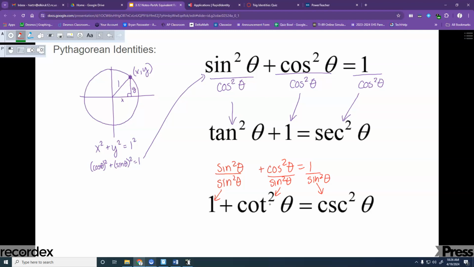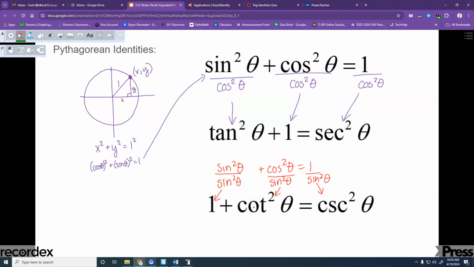That's the reason that they wrote it that way, because they're deriving it from this formula. Does it matter whether I do tangent squared theta plus 1 or 1 plus tangent squared theta? It does not, because it's addition. I can switch the order. It doesn't matter whether the 1 is first or last here. So you could do it either way, but that's the reason that they're in that order.